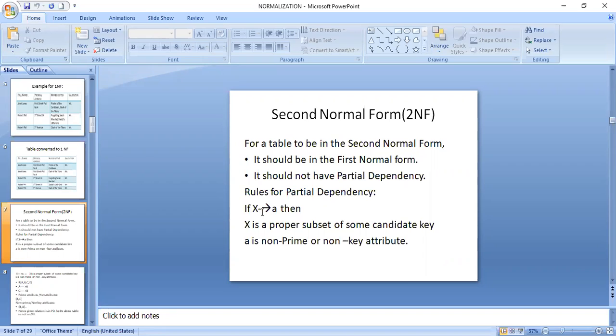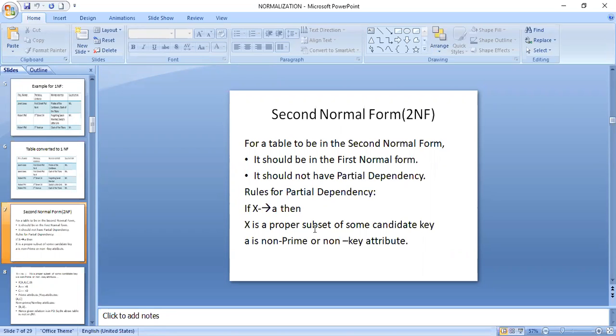If capital X, a group of attributes, determines a small a, a single attribute, in that case X should be a proper subset of some candidate key. This is very important. X should be a proper subset of a candidate key, and A is a non-prime or non-key attribute.